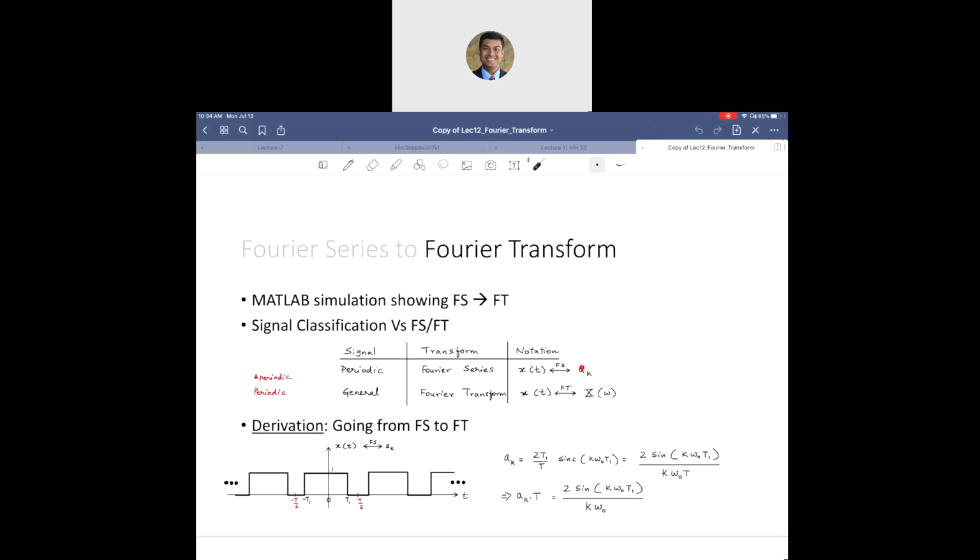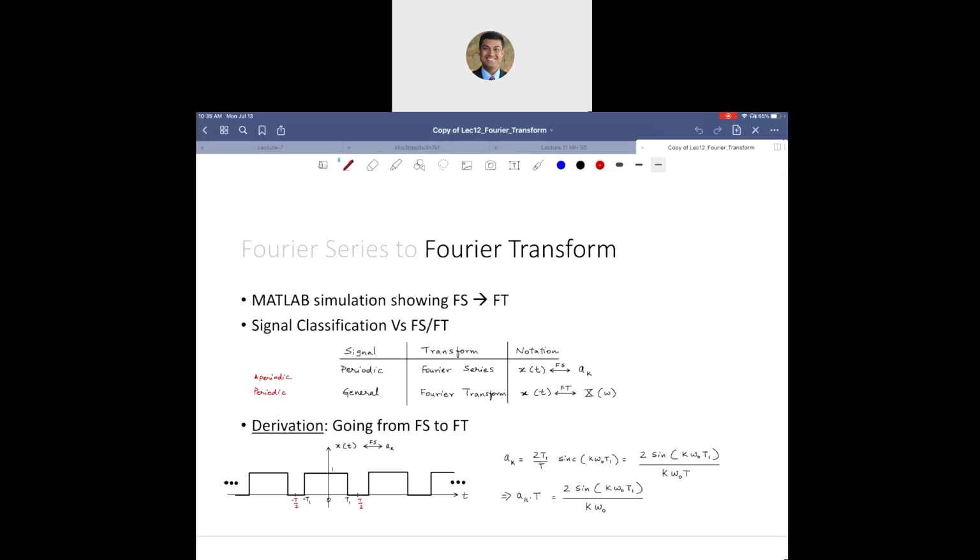We found the Fourier series of the periodic signal x(t). Now, if x(t) is a general, aperiodic signal, then we need to find its Fourier transform to know the frequency domain information of the time domain signal x(t).